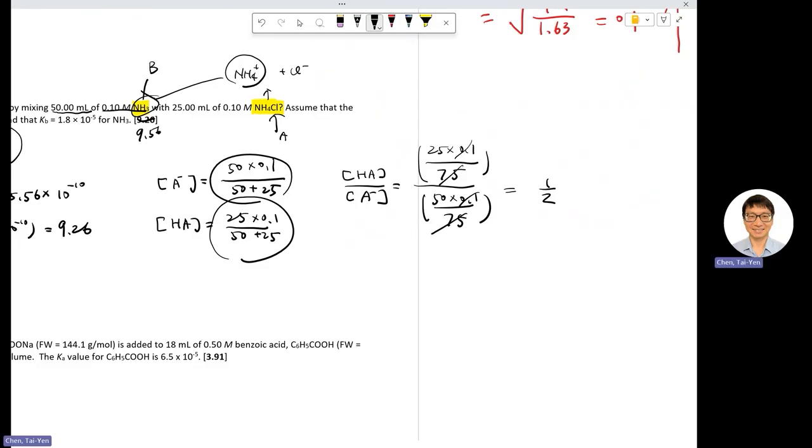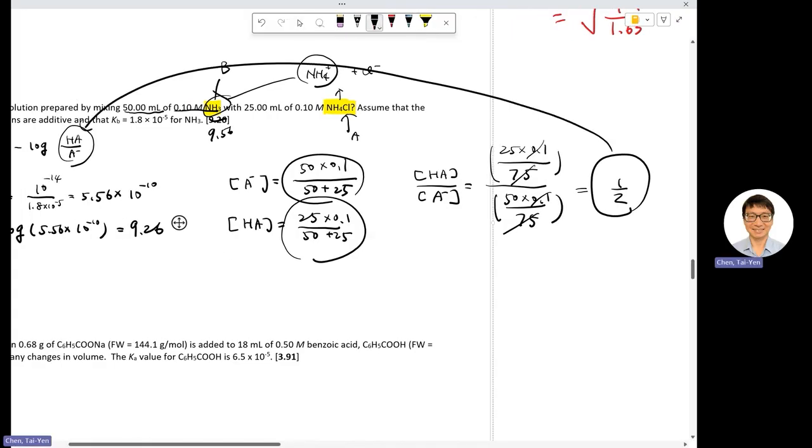So you know the ratio of your acid over base is just 1/2, right? So the next thing you do is plug this back in to here. So the pH is going to equal pKa minus log acid over base.